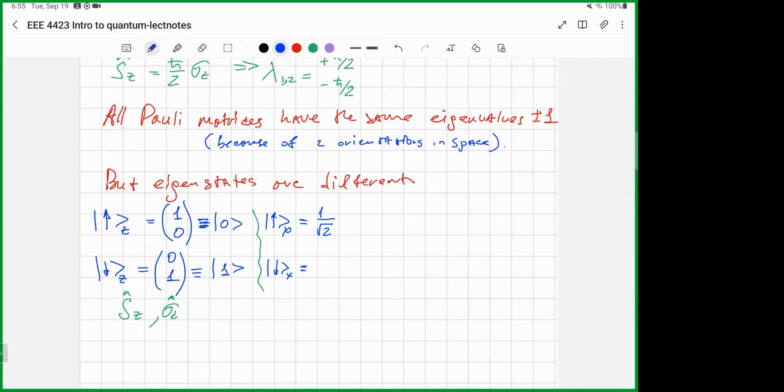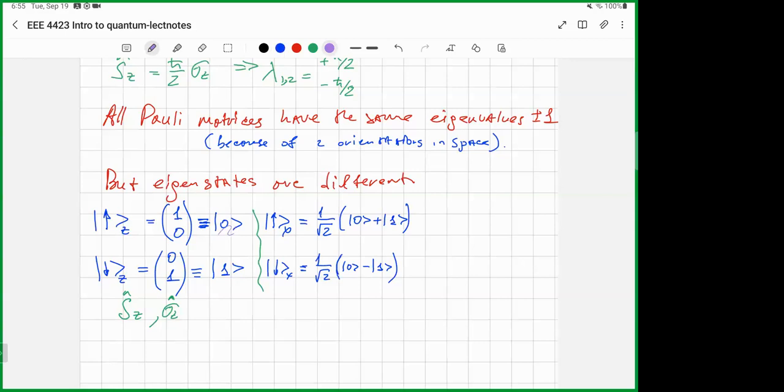Plus is 1 over square root of 2 times 0 plus 1, and minus is given by 1 over square root of 2 times 0 minus 1.